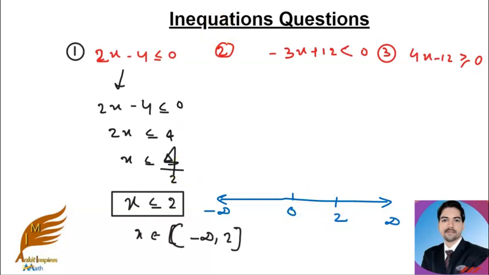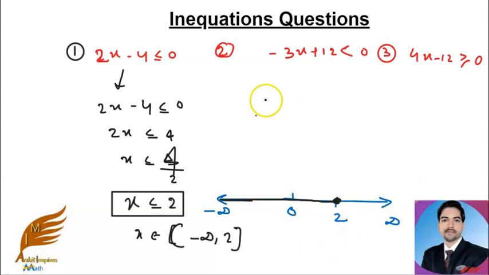Now my solution set which satisfies this inequality lies from minus infinity to 2. It means 2 is included. I can denote it in this way also, like minus infinity to 2. This dark circle means this 2 is included.